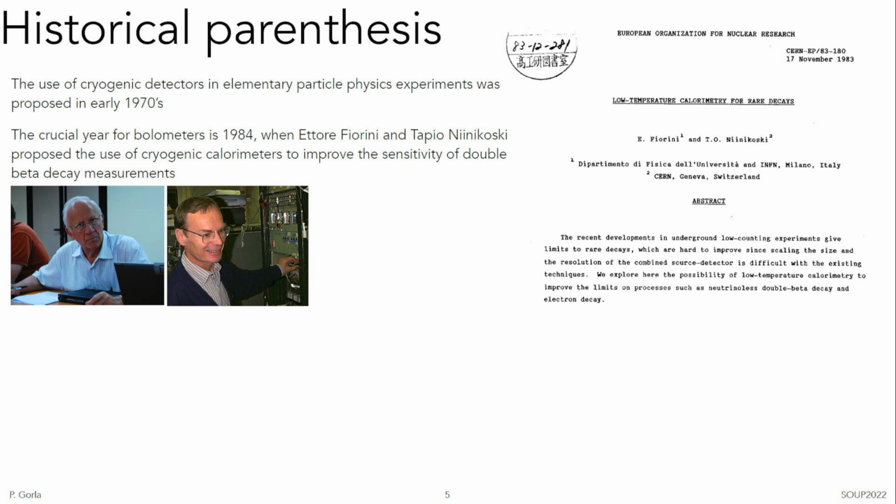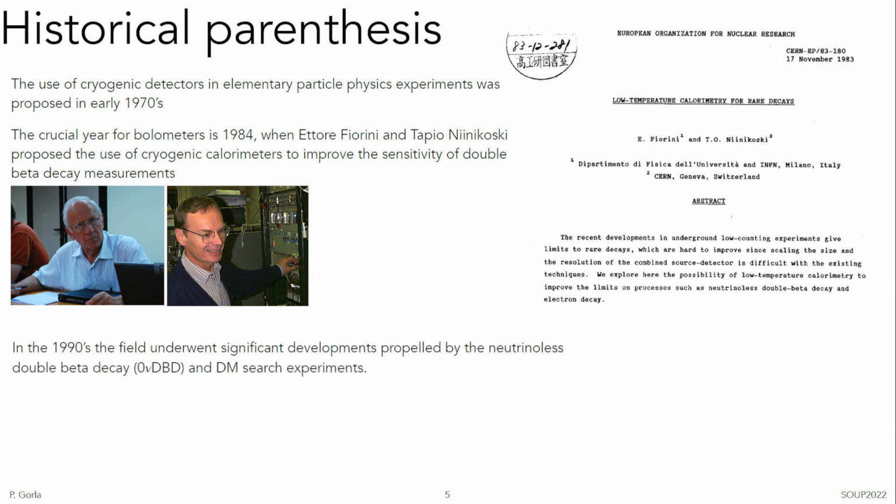And in the following years, especially in the 90s, the field underwent a huge development. Actually, around 1984, there were other groups proposing similar ideas and proposing to use these detectors to study different processes. In particular, Ettore was focused on increasing the sensitivity of neutrino-less double beta decay studies.